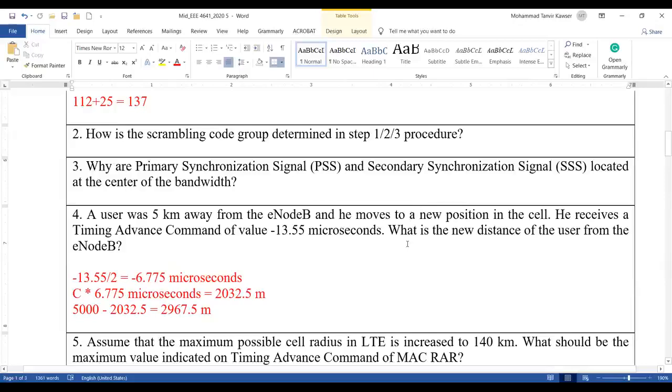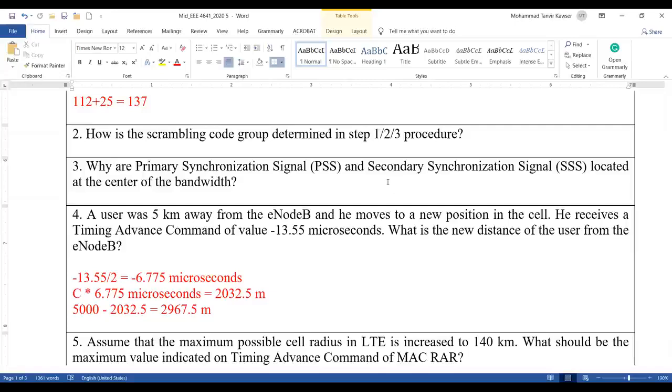DTX. Well, in fact, when we are discussing its location, we said that the bandwidth can be scaled. It can be 1.4 megahertz or 3, 5, 10 megahertz. But the minimum is 1.4.